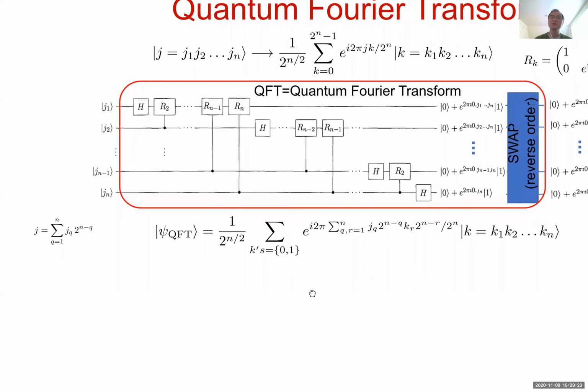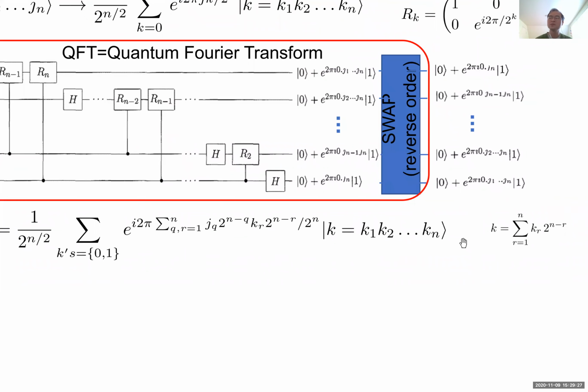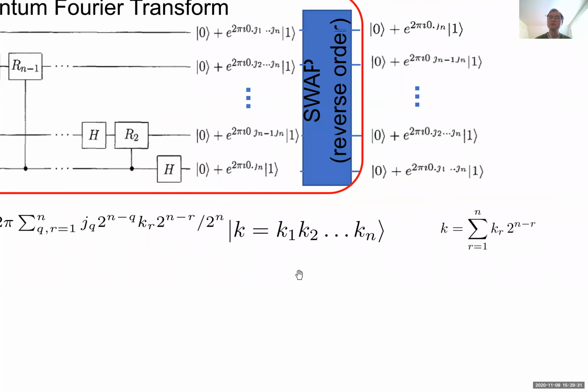And also I'm going to write K in a similar form. So K is going to be the components Kr raised to 2 to the n minus r.